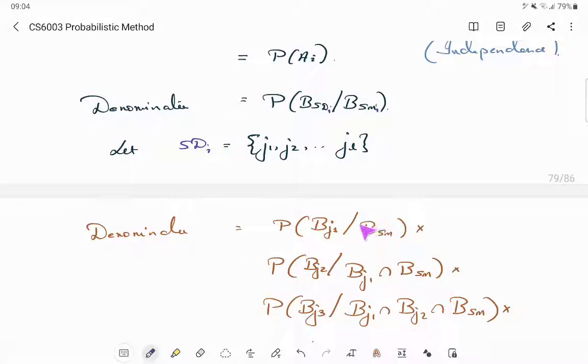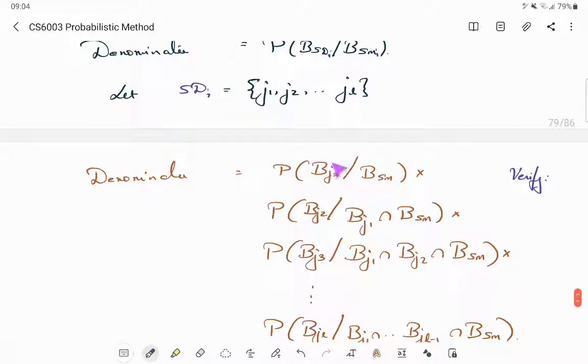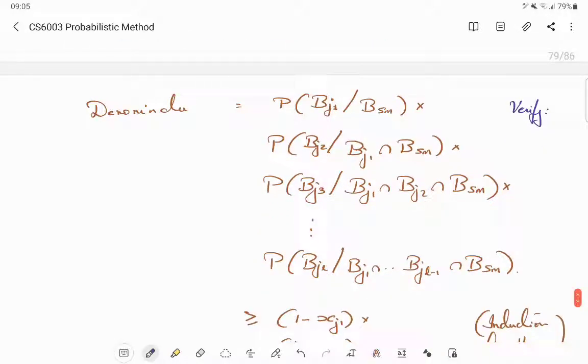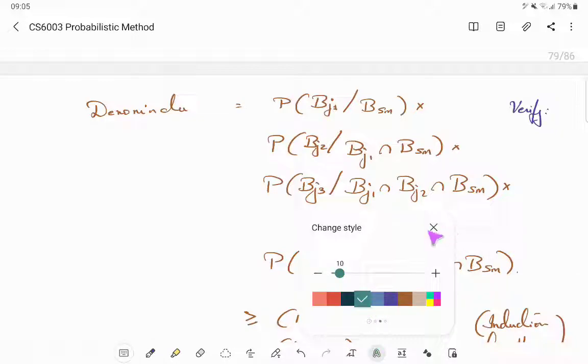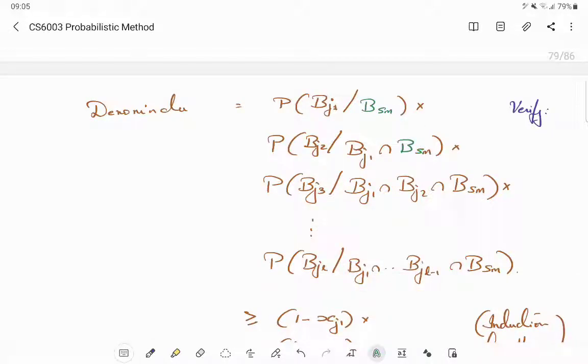We use the same kind of expansion we used in the massaging part also. If you verified it there, it's okay, but it's still good to re-verify it, because you already start with some conditioning. So this is the probability of the first event under the same condition, times the probability of the second event under the extended condition, which is the old condition intersection Bj1, and so on. Everywhere you see that this guy is just staying the same.